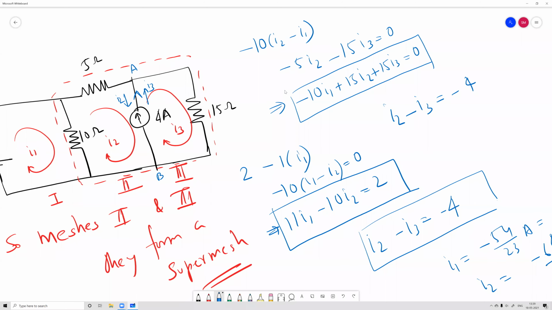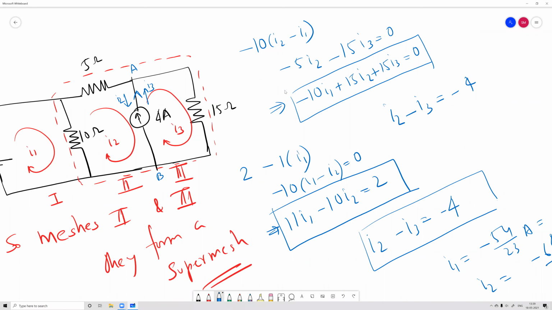Okay, but still. Otherwise, if you try to write the mesh analysis equations for meshes 2 and 3 separately, you will find it is not easy. Because if you want to write the equation separately, it will become something like this, like a conventional method.